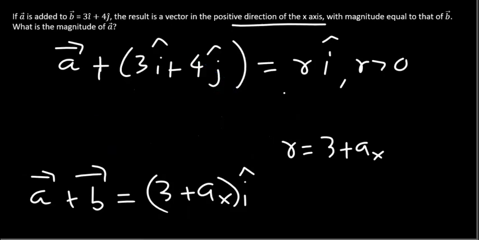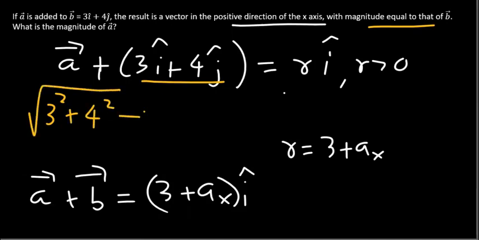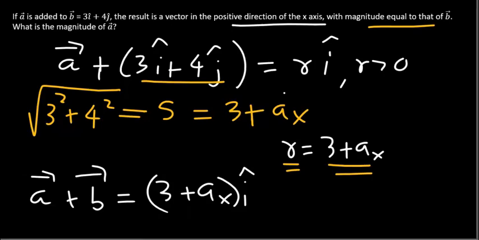We also know the result of that addition is a vector with magnitude equal to that of vector b. The magnitude of vector b is the square root of 3 squared plus 4 squared, which is 5. And that must be the same as gamma, which is 3 plus ax. So this expression enables you to determine the x component of vector a, which turns out to be 2.